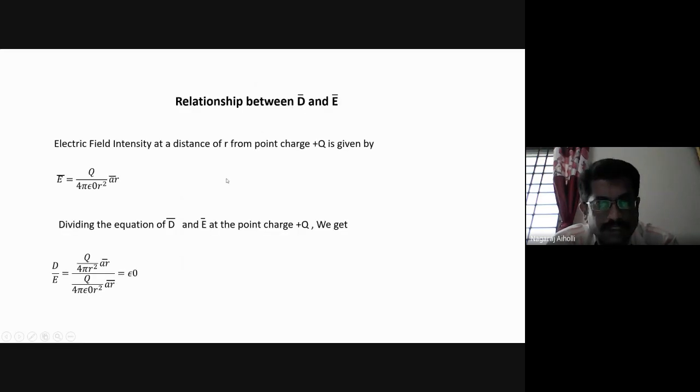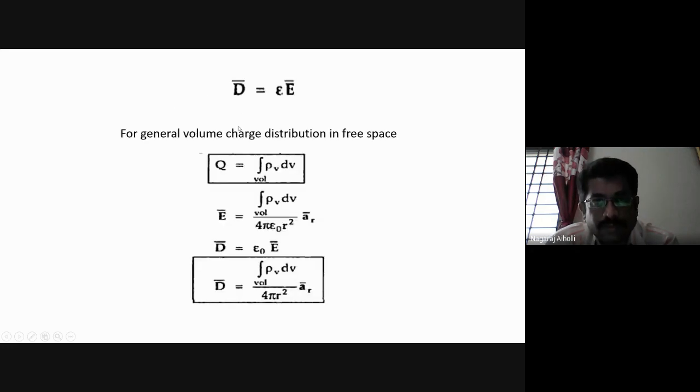If you are considering free space, then its relative permittivity epsilon R is 1, therefore it will be simply D by E is equal to epsilon naught, or D is equal to epsilon naught E. But if you are considering any medium other than air or free space, then D is equal to epsilon naught into epsilon R into E. In general, we write it as D is equal to epsilon E, where epsilon is equal to epsilon naught into epsilon R. Correct?